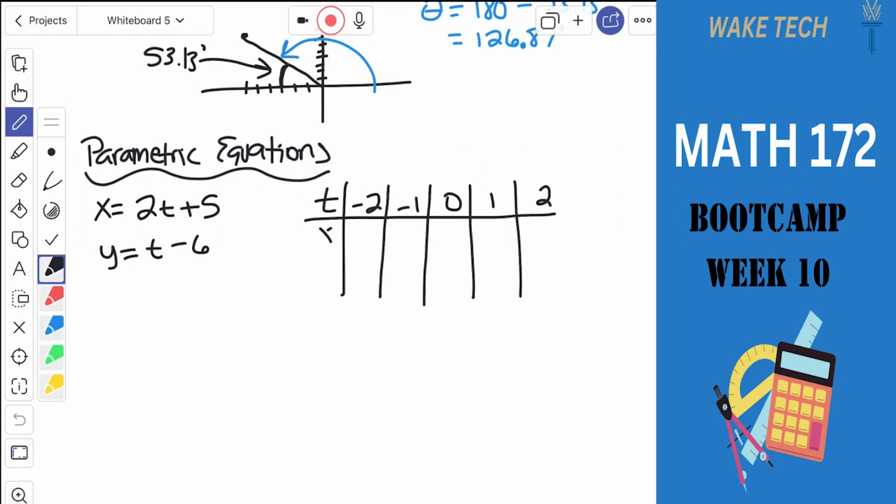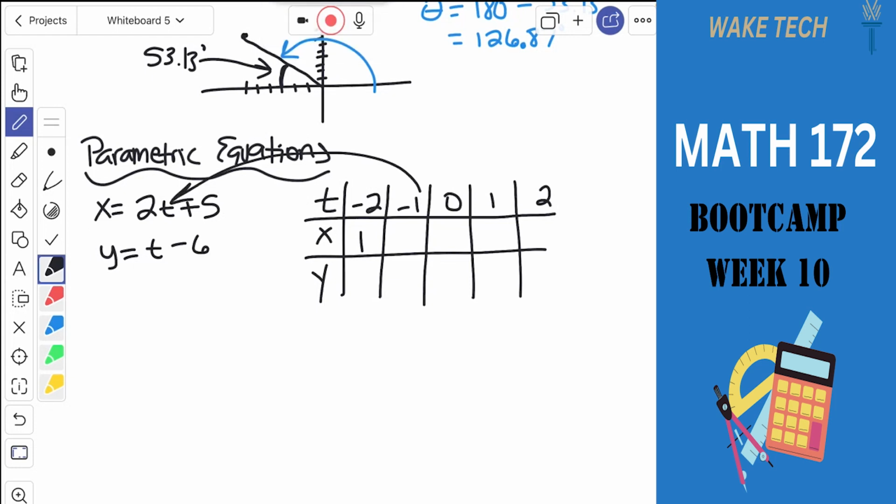And use those to calculate the corresponding x and y values. We calculate the corresponding values the same way we would calculate corresponding values at any other point. We plug in -2 for t and calculate x. Plugging in -2 gives us -4 plus 5, which is 1.